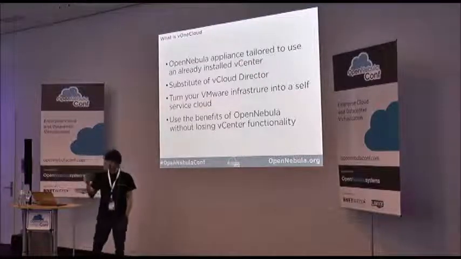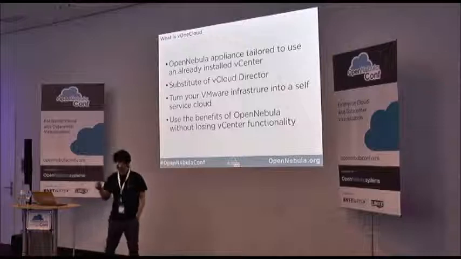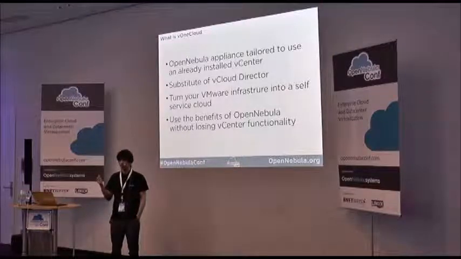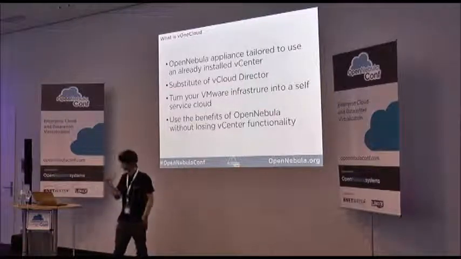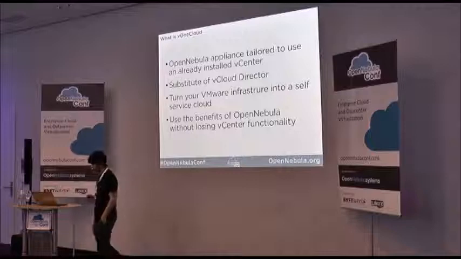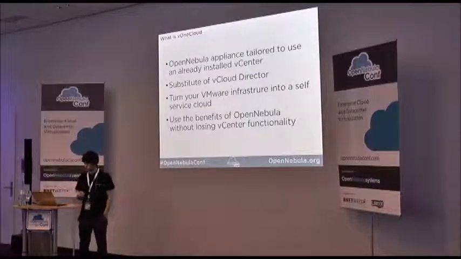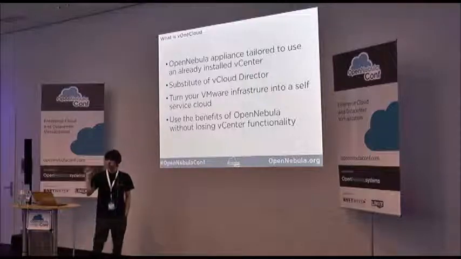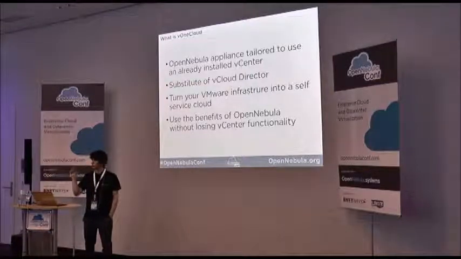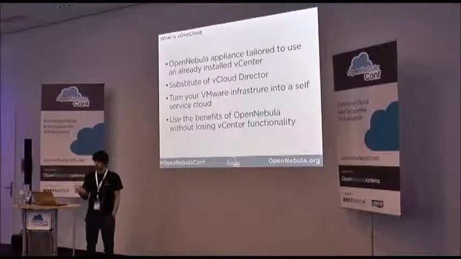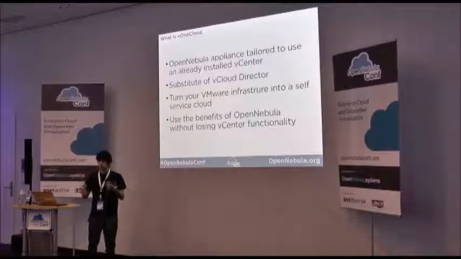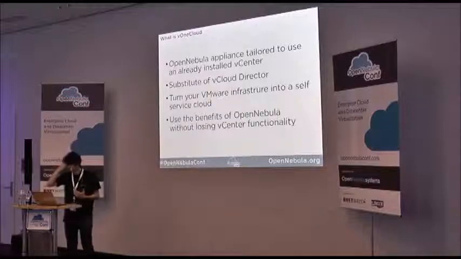If you've already been using OpenNebula with VMware, you know that we have a driver called VMware that can talk to ESX machines and create new virtual machines in those hosts. With this new driver, we don't talk to the ESX anymore. We talk directly to the vCenter. So if you're already using vCenter, it's not going to change any of your workflow.